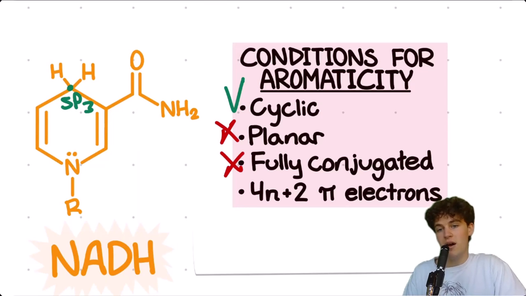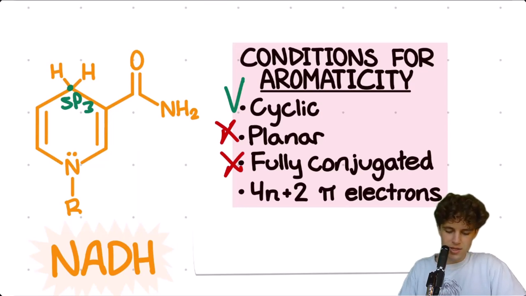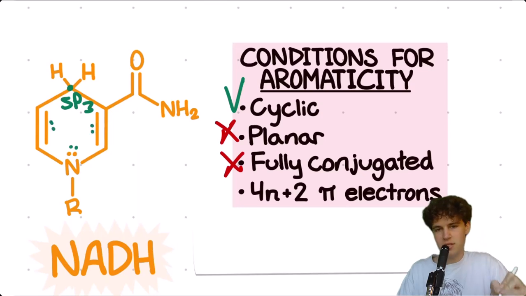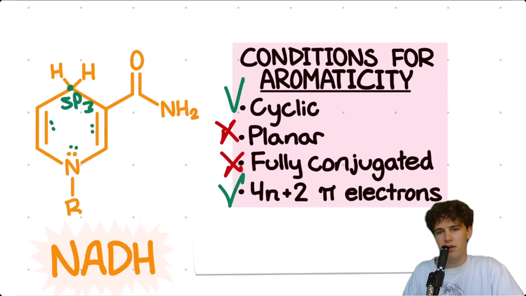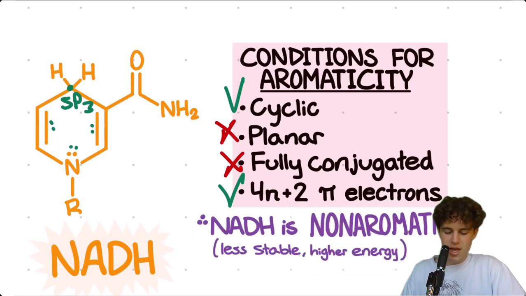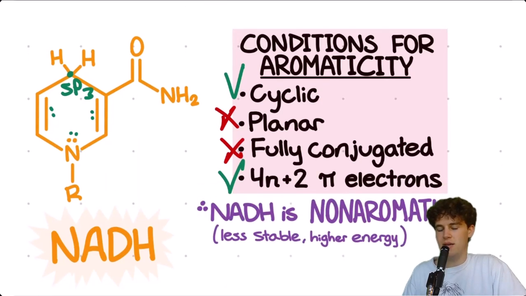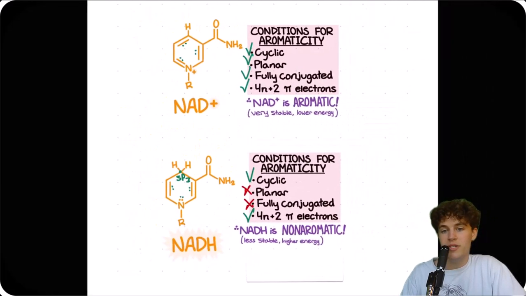Does it obey Huckel's rule? Now let's see, we have 1, 2, 3, 4, 5, 6 pi electrons this time, so yeah, it does obey Huckel's rule. But because it's not planar and it's not fully conjugated, NADH is non-aromatic. It broke some of the rules and it is not aromatic. Being non-aromatic makes a compound less stable, and being less stable makes it higher energy. Therefore, I can use aromaticity as my second line of reasoning as to why NADH is higher in energy than NAD+.